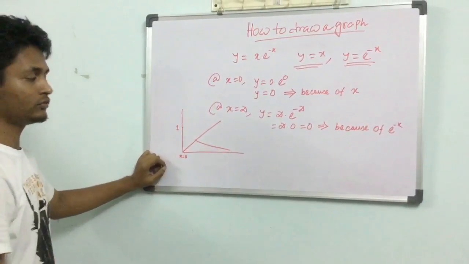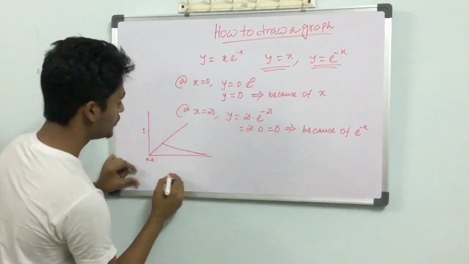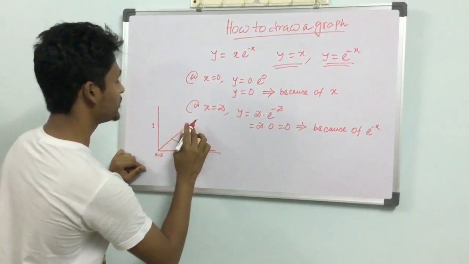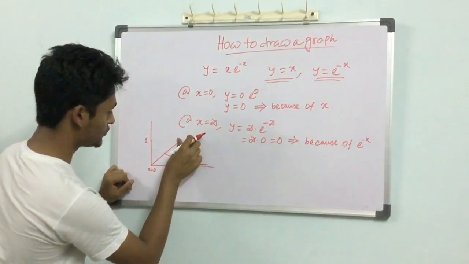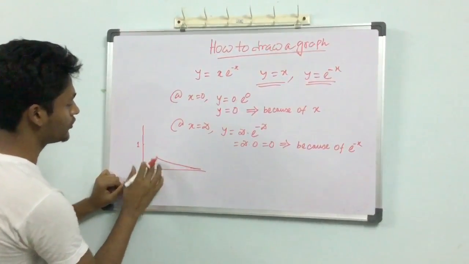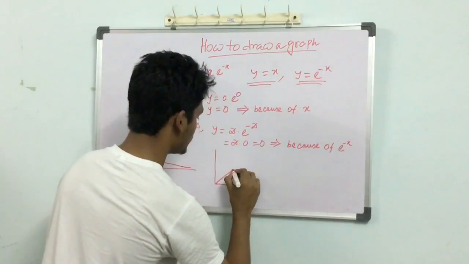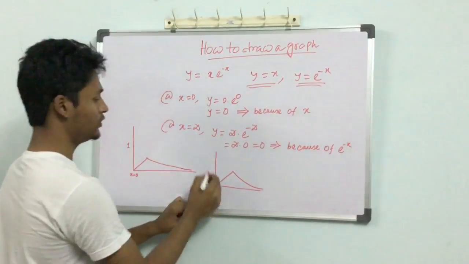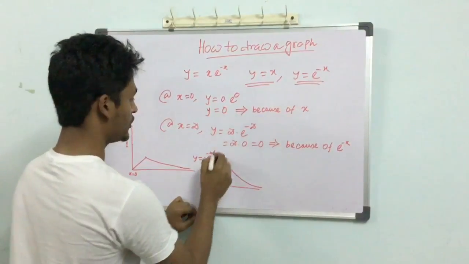So just this, and at infinity it is again 0. So if you take this part, it is not going to give you 0. So just this. So your final curve will be like this, this is y equal to x e to the power minus x.